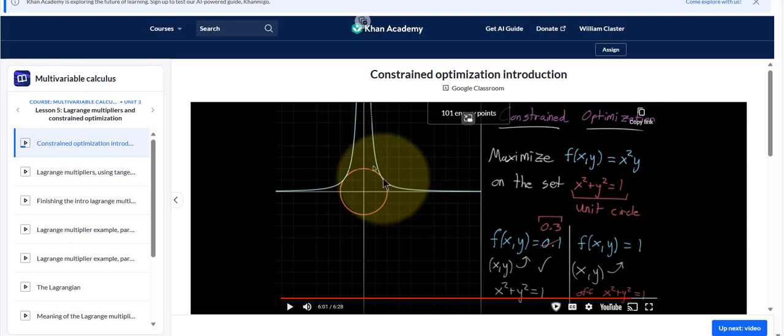In other words, the slope of the blue curve and the slope of the red curve, when they just touch, the slope or the tangent line will be exactly the same.